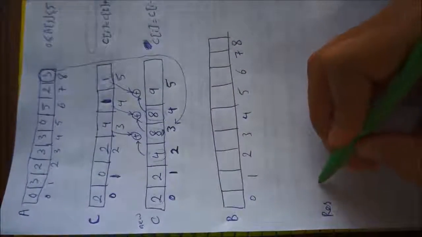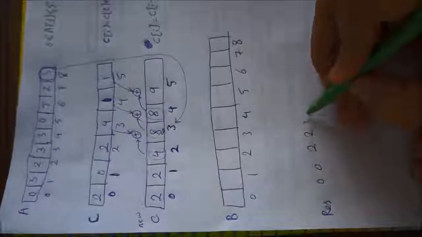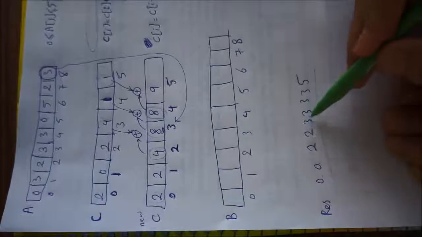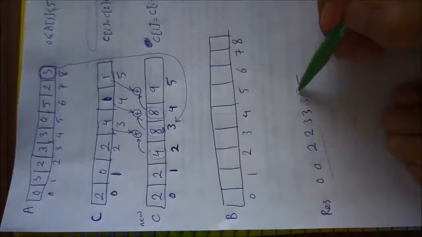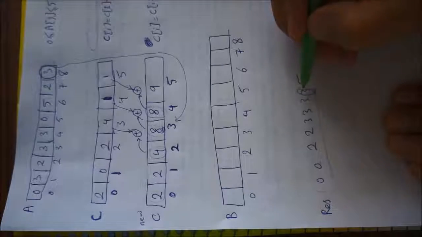The sorted result array should be like this: 0, 0, 2, 2, 3, 3, 3, 3, 5, right? If you look at the 8th position, we have 8 numbers that are less than or equal to 3. This is the last 3. So this means that in the sorted array, the last 3 should be on the 8th position.